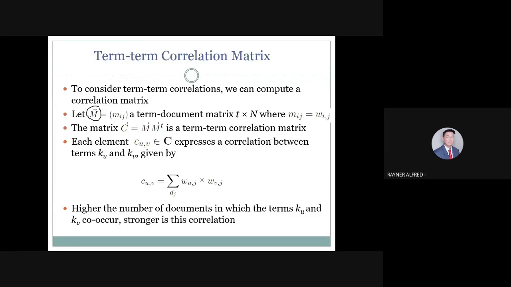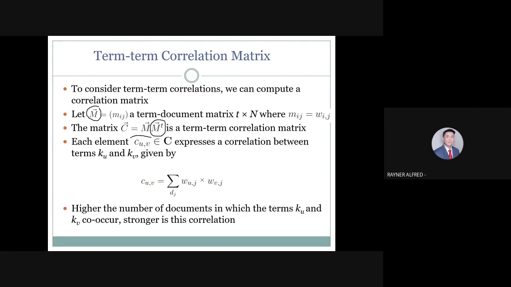What we can do is compute the term correlation by taking the transpose of the matrix and then multiplying it by the original matrix. Each element of the weightage will express a correlation between term KU and KV.